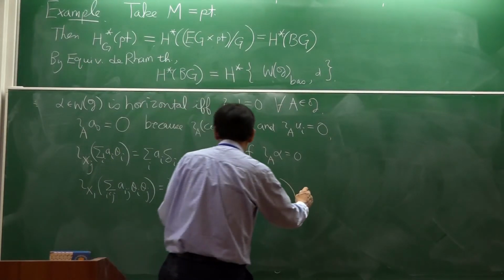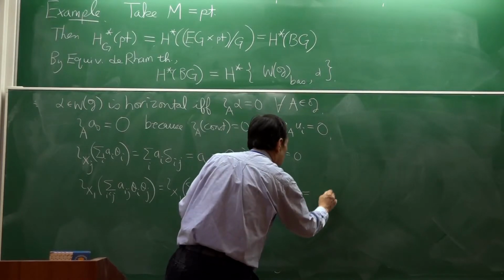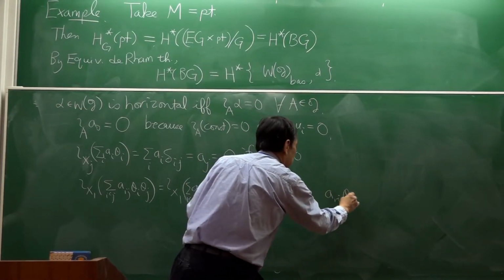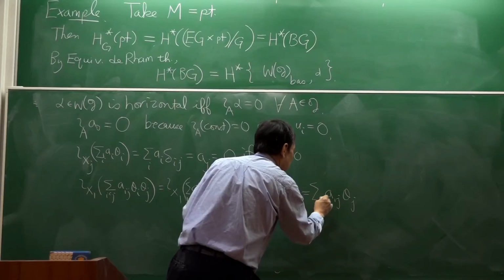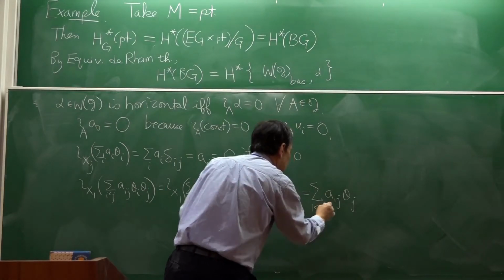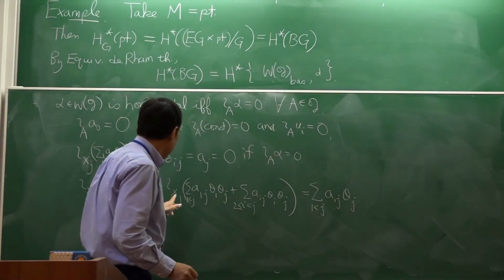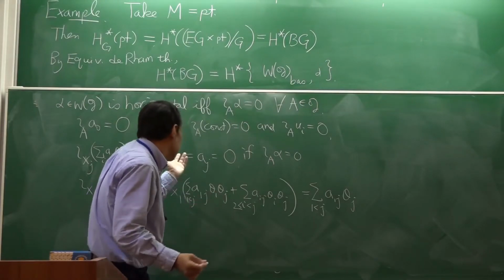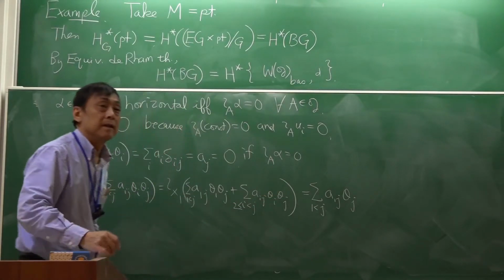So you're going to get A1j theta j. And x1 applied to theta j is 0. So that's what you get.